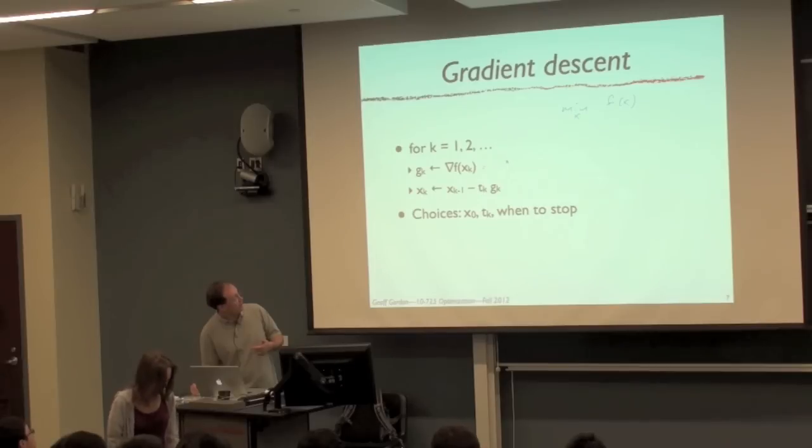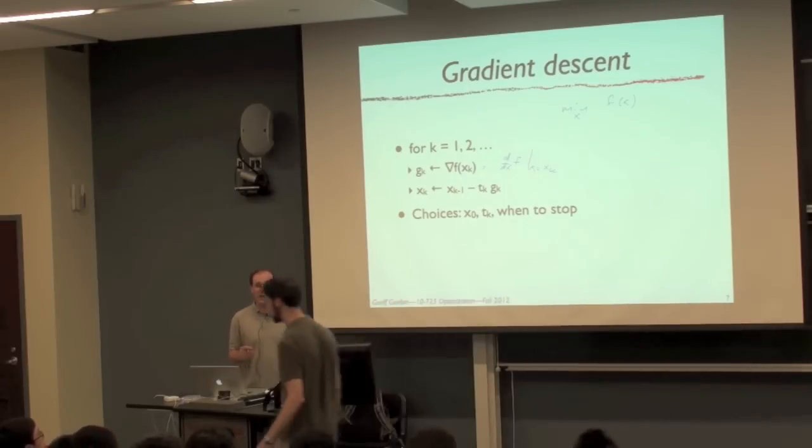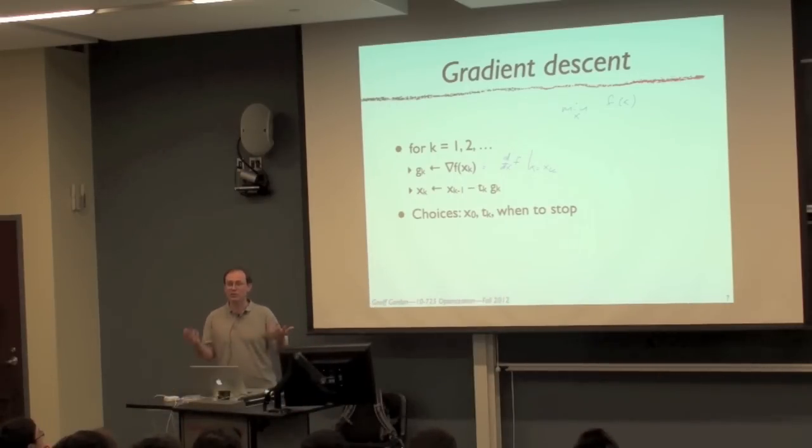This is the derivative with respect to x of f, evaluated at x equals xk, right? And we add a multiple of the gradient, or in this case, I guess, subtract a multiple of the gradient from x, and that gives us our next x k plus 1.